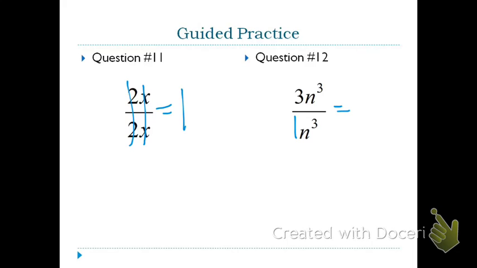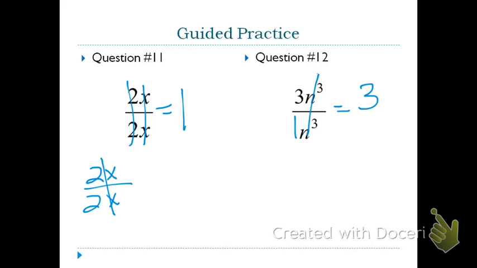So in the next example here in 12, we have 3 over 1 is 3, but our n's, there's 3 n's and 3 n's, so that means there's no n's left over, so that's what it'll be, 3. The x, okay, let me expand this one out so I can show you the reason why. So we have x to the 2 over 2x.